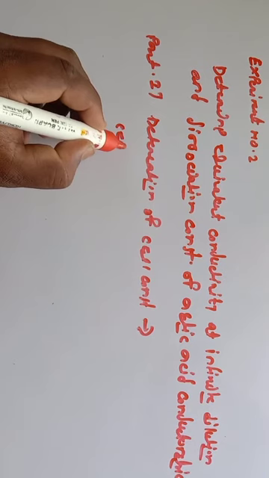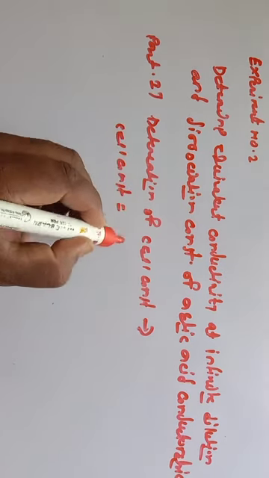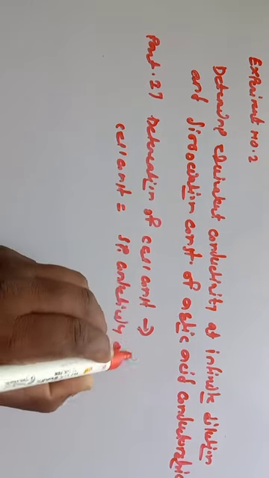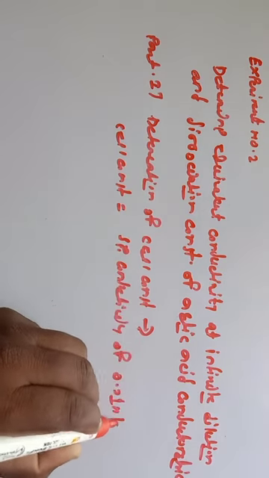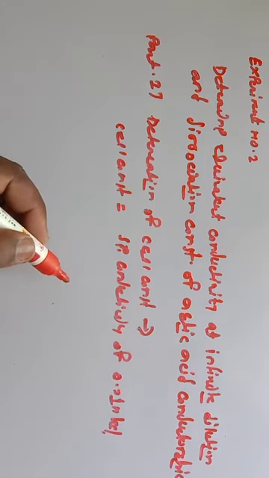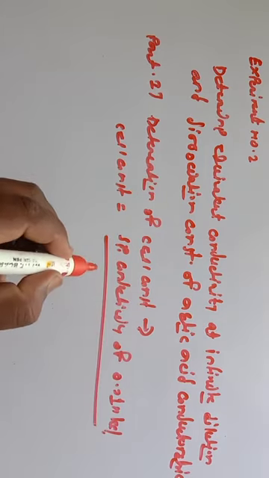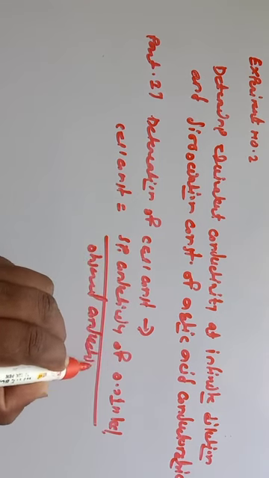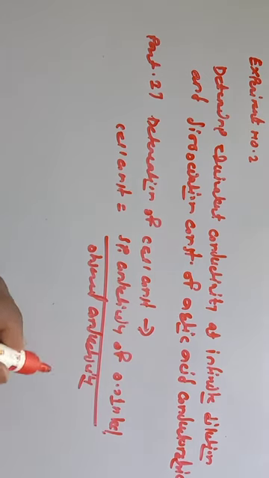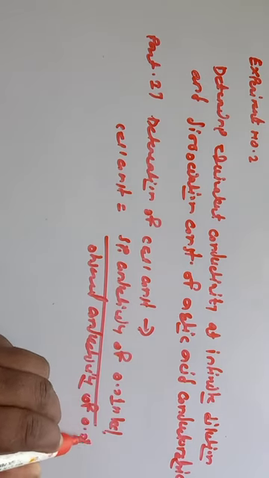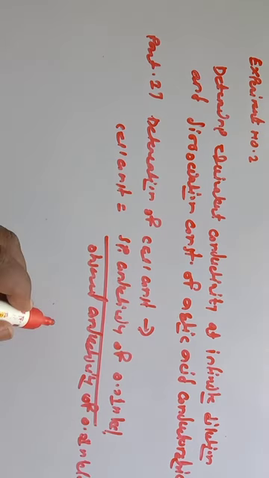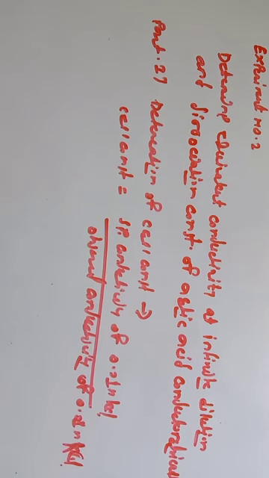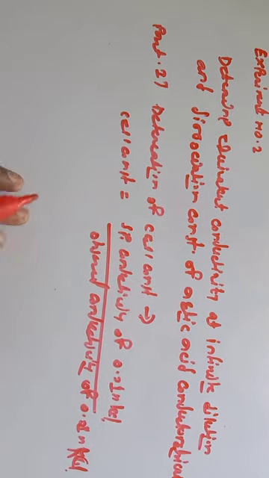The cell constant is equal to the specific conductivity of 0.01 normal KCl at 25 or 30 degrees Celsius divided by the observed conductivity of the 0.01 normal KCl solution which you prepared. With the help of this formula, we can easily find out the cell constant.